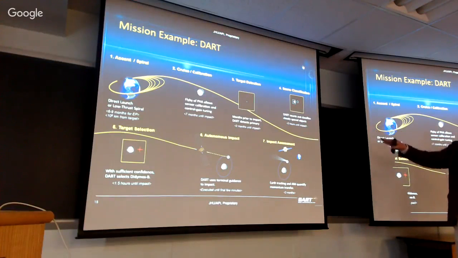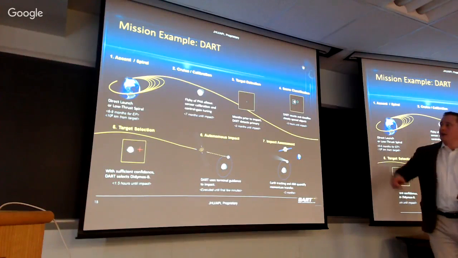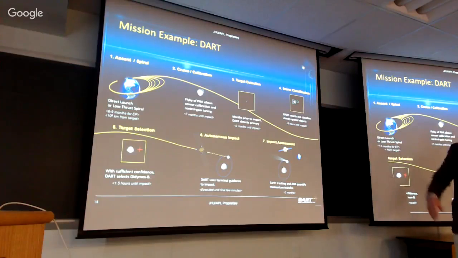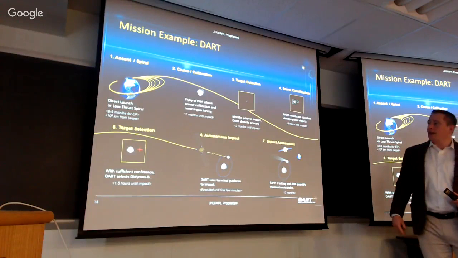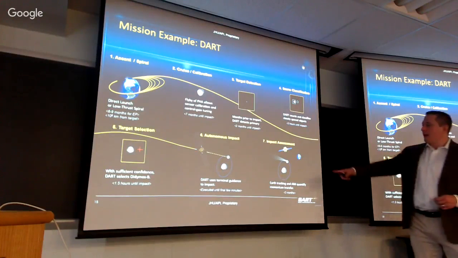And so this is a picture of the way DART's working. It basically fires up its engine, does a long duration spiral for 6 to 9 months, gets out of the Earth and escapes, gets into interplanetary space, does a rehearsal flyby of a potentially hazardous asteroid that happens to be fortuitously en route to the final destination, which is this binary object.